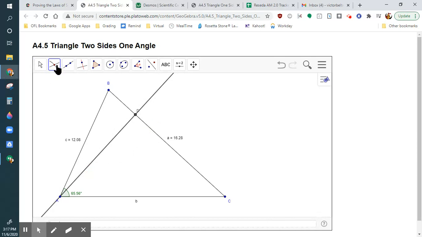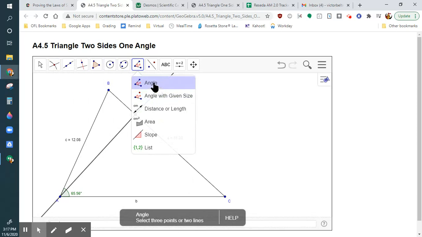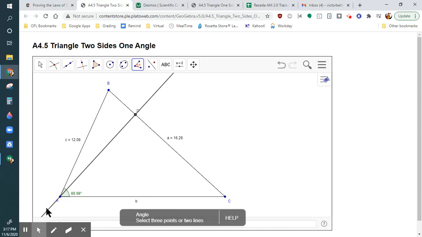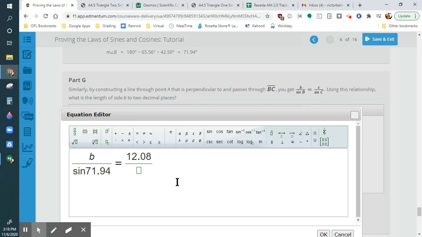So if I need to go counterclockwise, what I need to do here is I need to measure this. So I want to go from D to A to go counterclockwise. And I get 42.51. So sine 42.51. I'm going to multiply both sides by this.